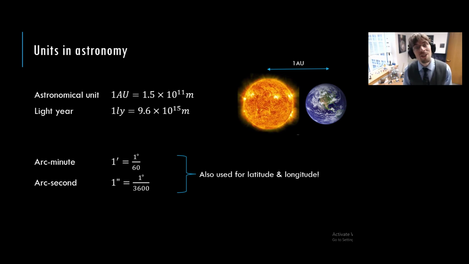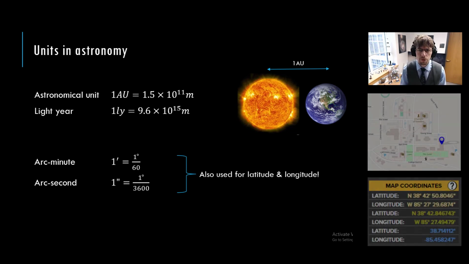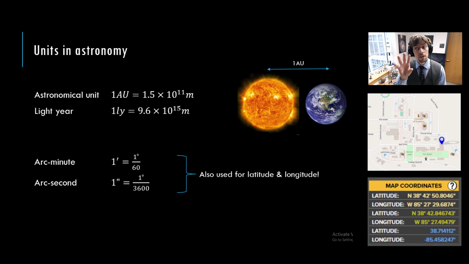Incidentally, these are also used for latitude and longitude. If you look at a GPS coordinate for any object, you will get the angle in degrees. Then there tends to be a dot, and then you'll get the arc minutes. Notice that the hash mark is used for arc minutes, not feet. And then you get a double hash for arc seconds. Pretty cool, huh?